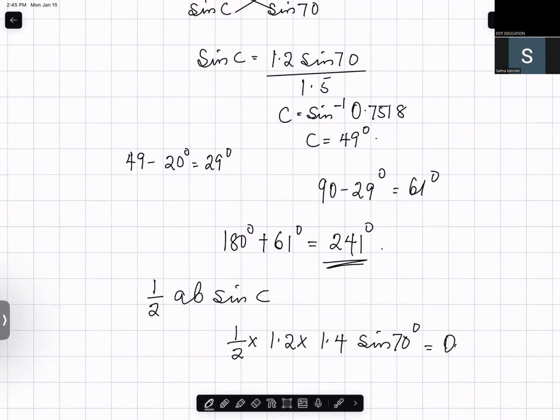So that gives 0.789 kilometers squared. So that is the area enclosed by the triangle.